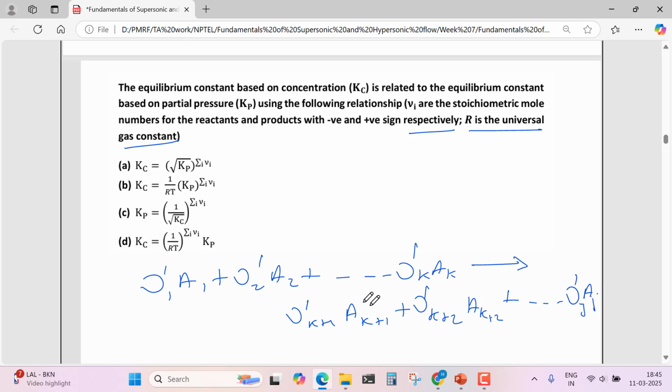So currently in this chemical reaction, all these stoichiometric coefficients are positive.